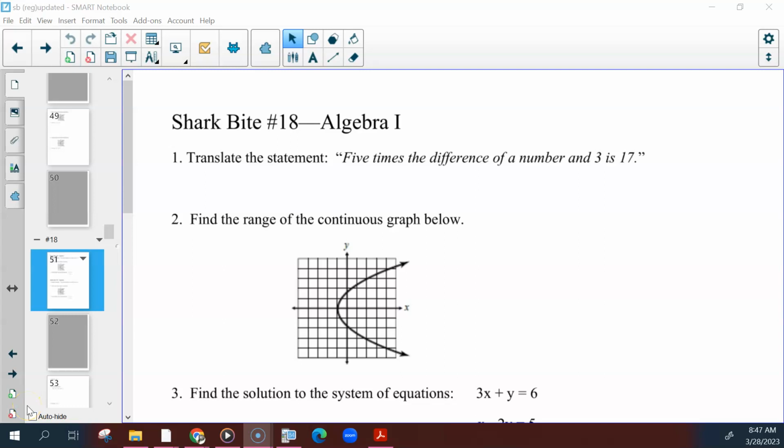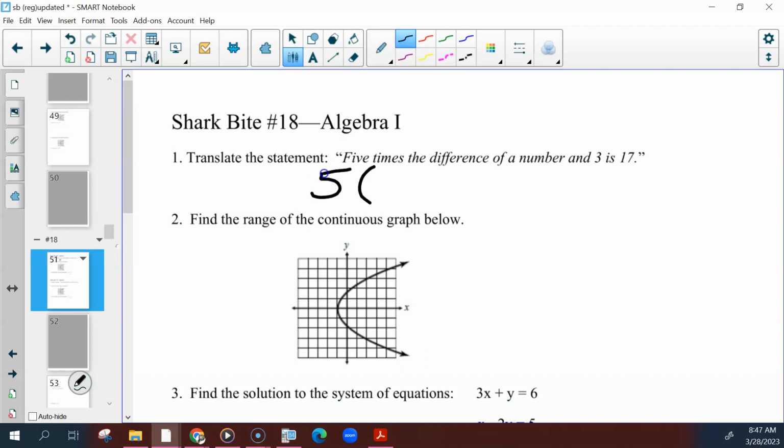On the shark bite, are there any that we want to see, do, go over, have questions about? Number 1 was 5 and then parentheses.